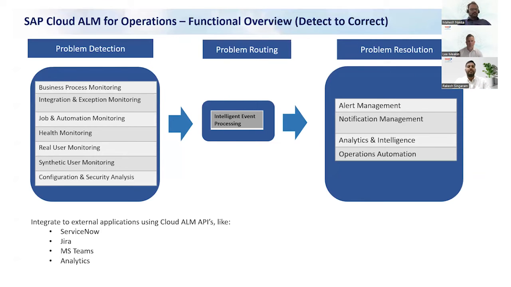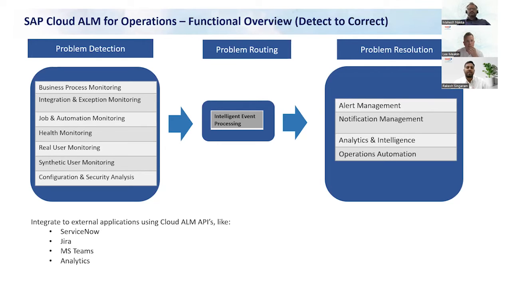Okay, let's look into the SAP Cloud ALM operations module. Compared to any other standalone monitoring features available in the cloud, what the operations module of Cloud ALM brings in is full stack monitoring, from the business side, with KPIs and performance, to technical monitoring and job monitoring.